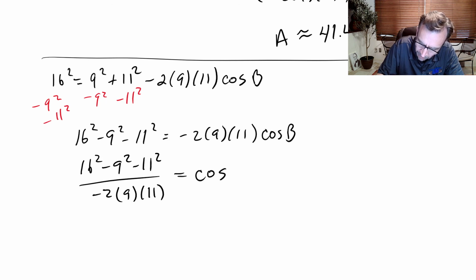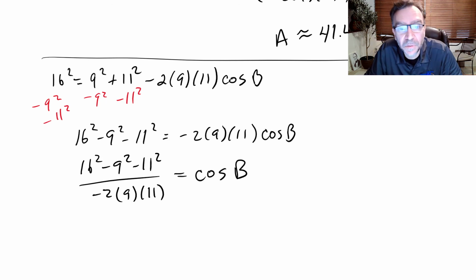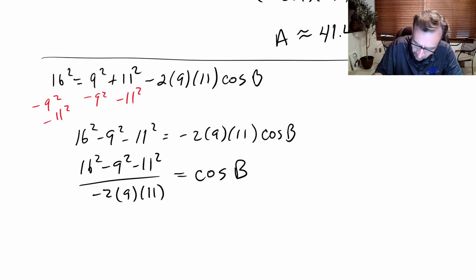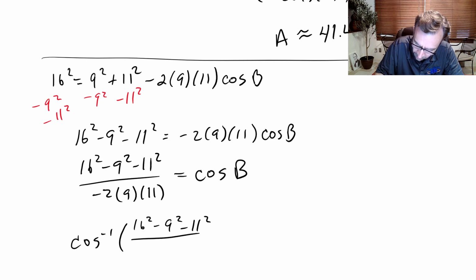It's kind of tedious. I'll tell you though, the law of cosines is much easier to work with than the law of sines. I mean, it seems like it's more work, but without having to worry about quadrants, that saves a lot of time. So we have that equals B.